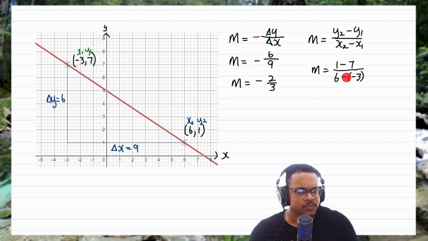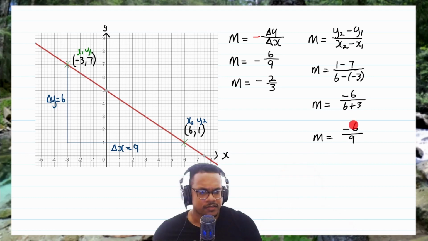Now I'll multiply these two negative signs and get a positive sign. And 1 take away 7 is negative 6. So I have my gradient is equal to negative 6 divided by 6 plus 3. And 6 plus 3 is 9. So I'll have m is equal to negative 6 divided by 9. And this will break down to negative 2/3. So I have my gradient is equal to negative 2/3.